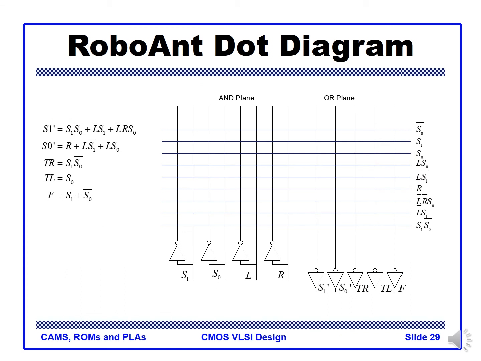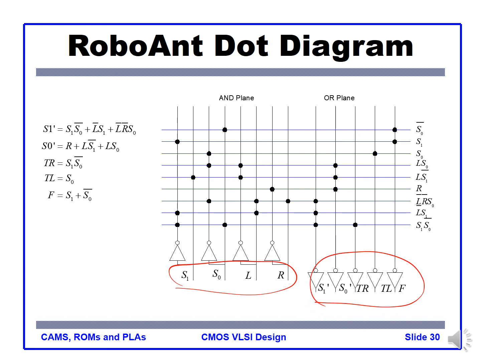Finally, this is the AND plane and OR plane. So in the AND plane, we implement each term, and in the OR plane we take all these ORs. So this is the final implementation with the 4 inputs and 5 outputs.